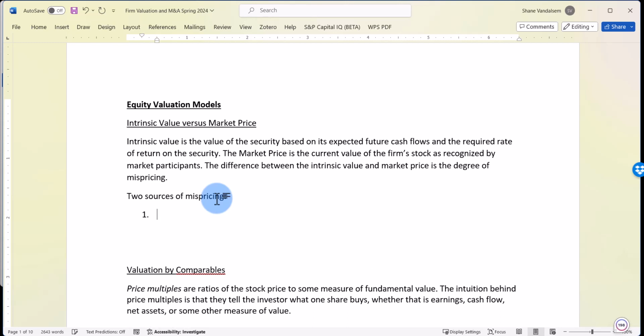The first source is the difference between the analyst's estimate of the intrinsic value and the actual intrinsic value. So we're going to call V the intrinsic value of the stock, and EV is the estimated intrinsic value of the stock.